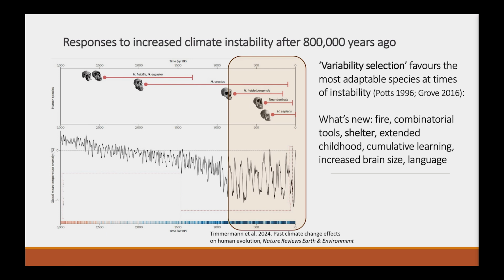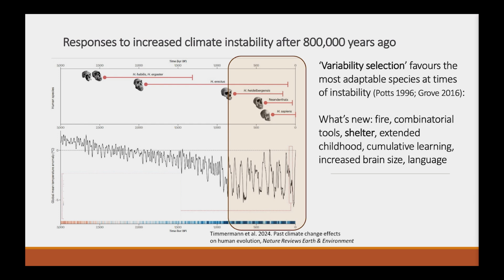There's a hypothesis here called variability selection. It was put together by Rick Potts from the Smithsonian Institution in the 90s. The idea is that humans didn't evolve to a single environment, the East African savanna. No, it's about the evolution of flexibility, versatility in the face of variability. And the variability here is climate change.